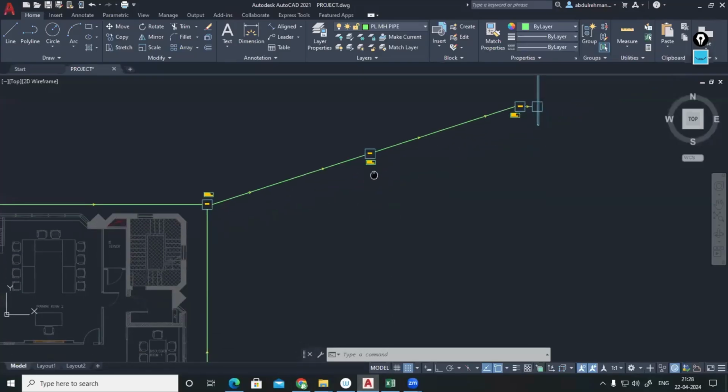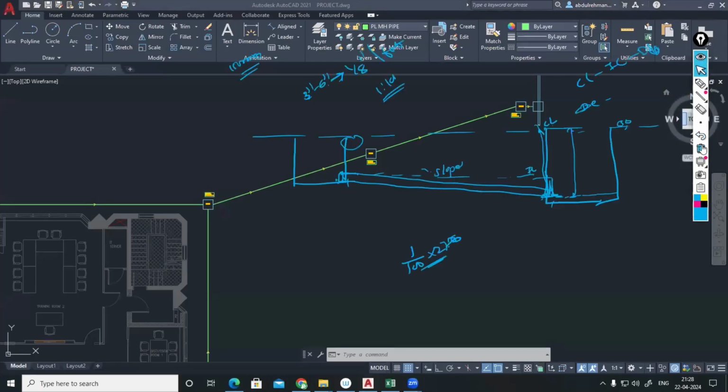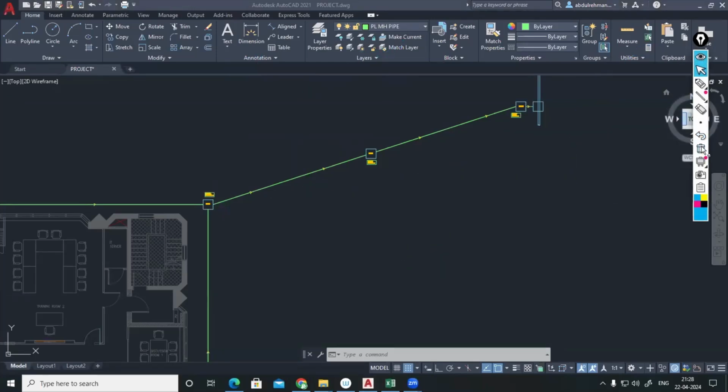Now this is 00 only. Manhole number 5 is located here. This is your building, and manhole number 5 is located somewhere here. But the land there has some undulations like this, and then it is going to 00 at manhole number 7.